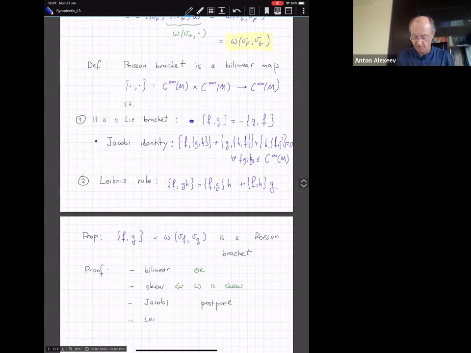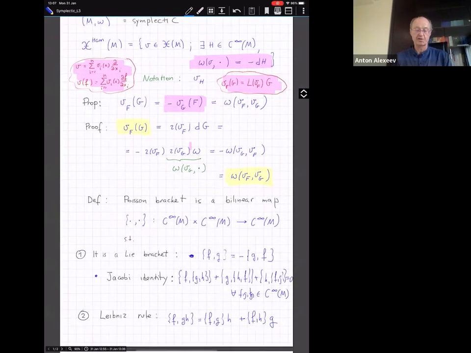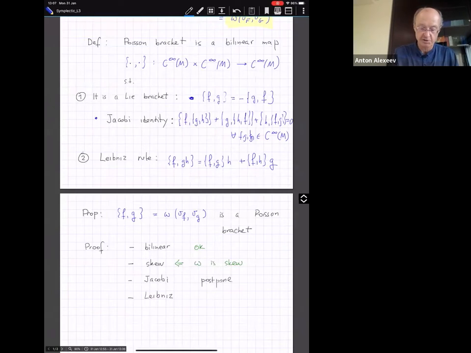And finally, what about Leibniz? For Leibniz, we are actually using the proposition that we proved in the very beginning of our class. This proposition is, in particular, saying that the bracket of f and g is equal to V_f acting on g.